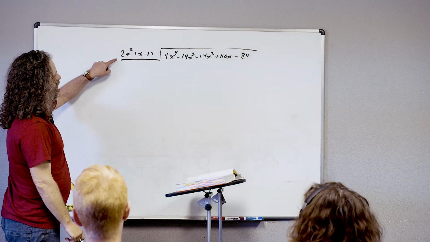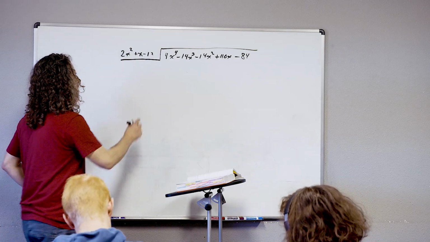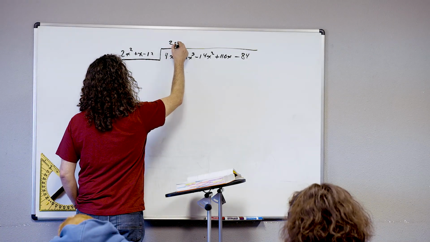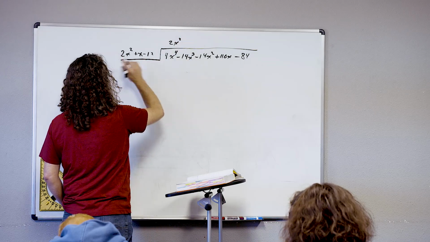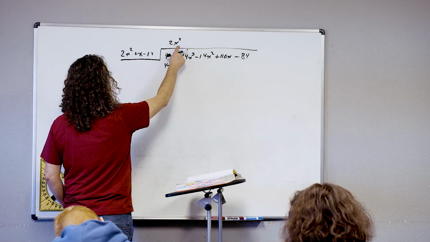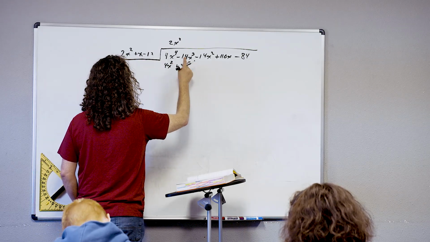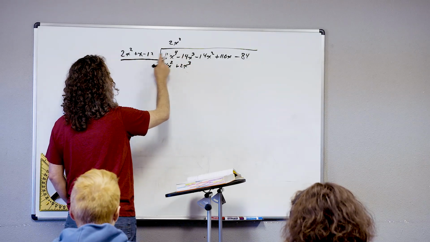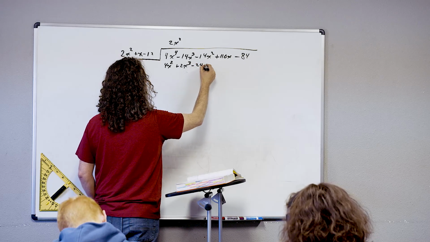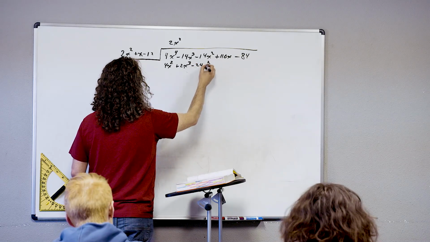So 2x squared goes into 4x to the 4th how many times? 2x squared times. And then we distribute back out. 2x squared times 2x squared is 4x to the 4th. 2x squared times x is 2x cubed. 2x squared times negative 12 is negative 24x squared.